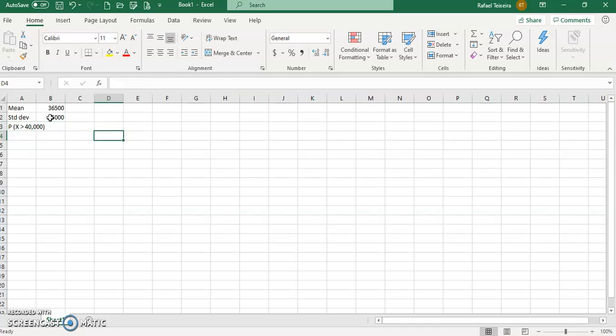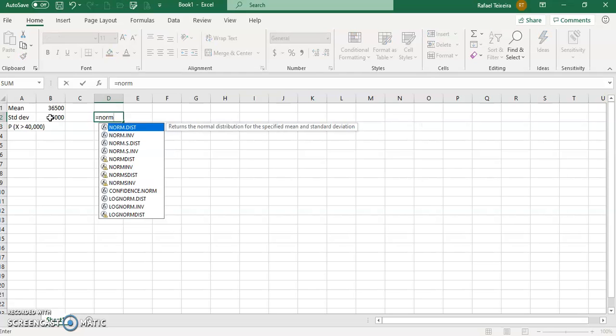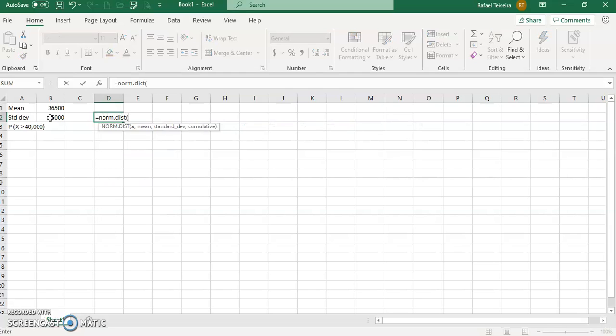To compute the probability, I type equal NORM.DIST, open parentheses, and the first information I have to enter in Excel is the X number I'm looking for. The X number is 40,000. Then the mean is 36,500.